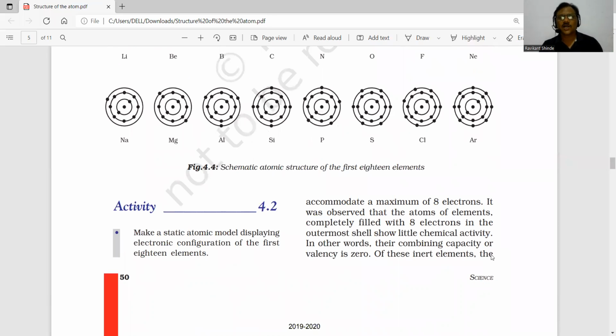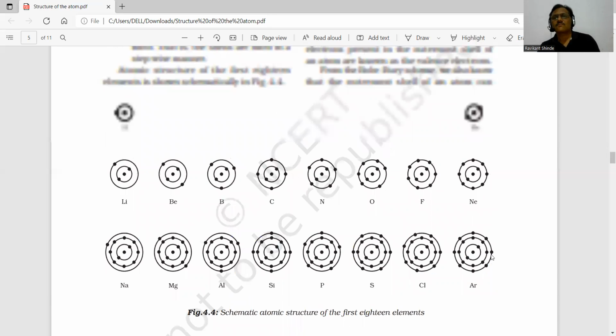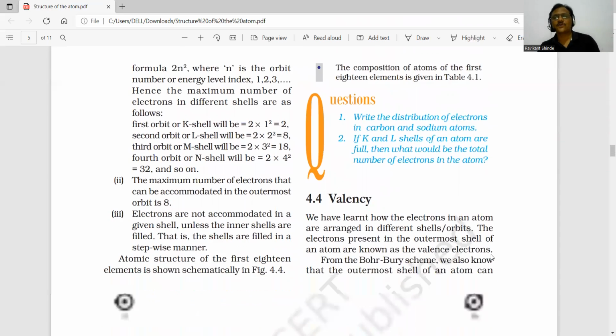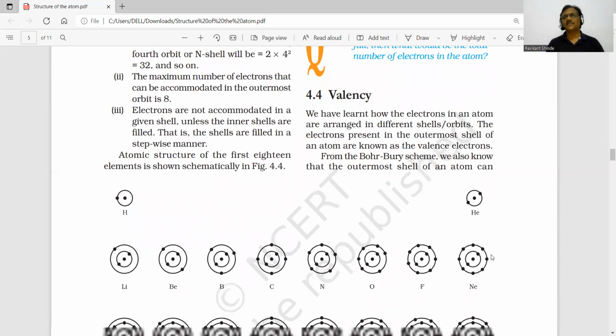So let's go ahead with another concept, valency. What do you mean by valency? Valency is nothing but the combining capacity, or the ability of an atom to donate, gain, or share electrons to fulfill the nearest inert gas electronic configuration. This is the definition of valency, or simply, combining capacity.